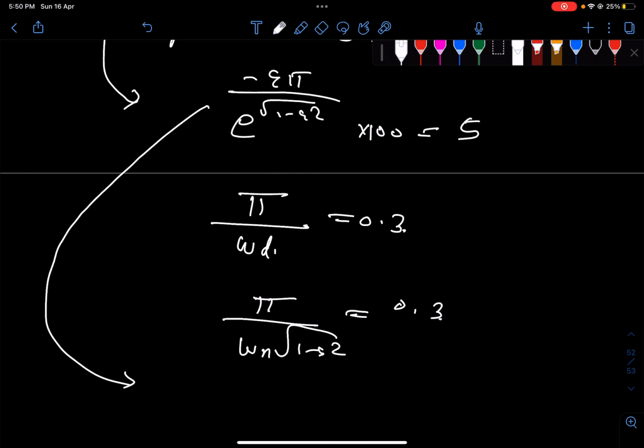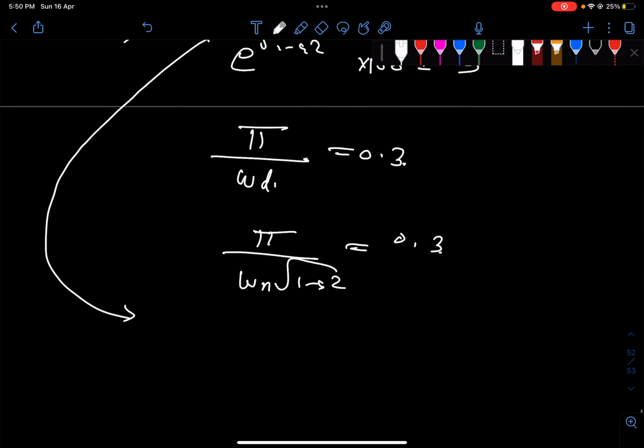Minus zeta pi divided by root of 1 minus zeta square. You can use a calculator to find it out. That equals 0.05. You can solve and find the zeta value. Zeta is 0.69, guys, or I took it as 0.7.